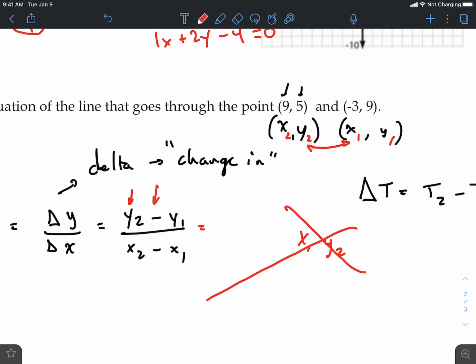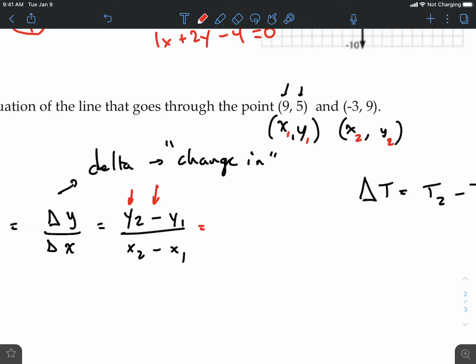Can't swap points around like that, but you can call a coordinate point x1, y1, and the other x2, y2. That's allowed. But anyway, I'll go back to the original because I think that's intuitive. Whatever one comes first, just label it that way. So this will be 1 and 2 and 2.